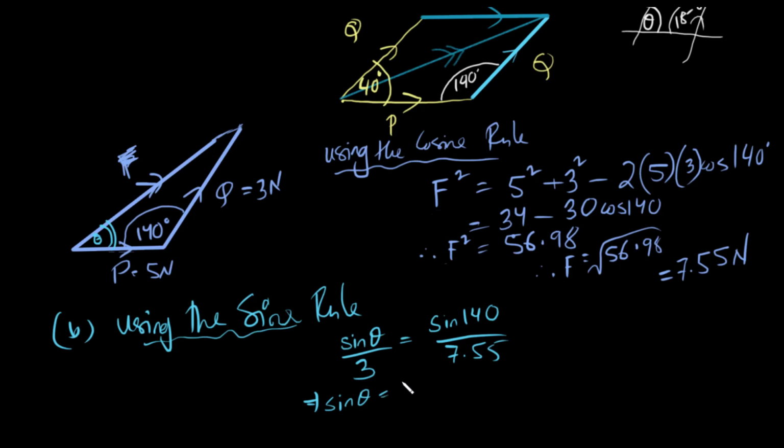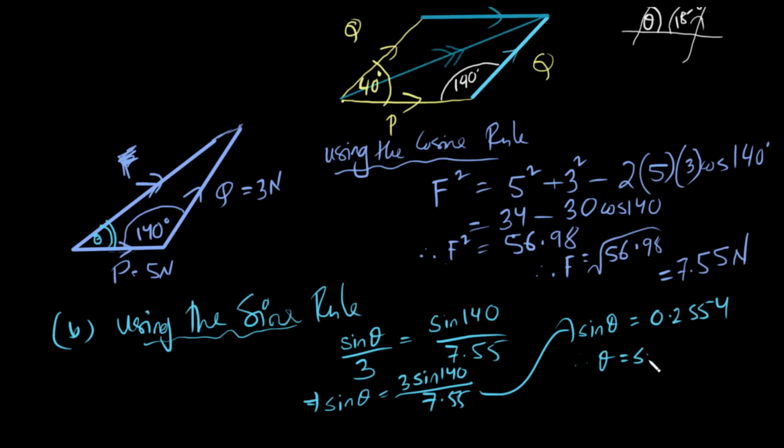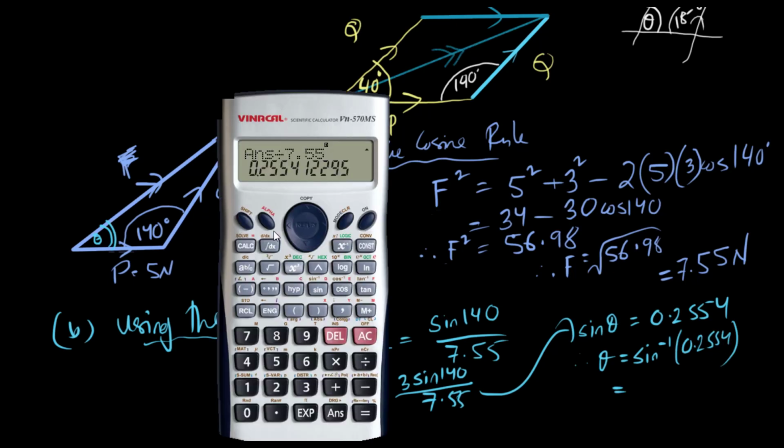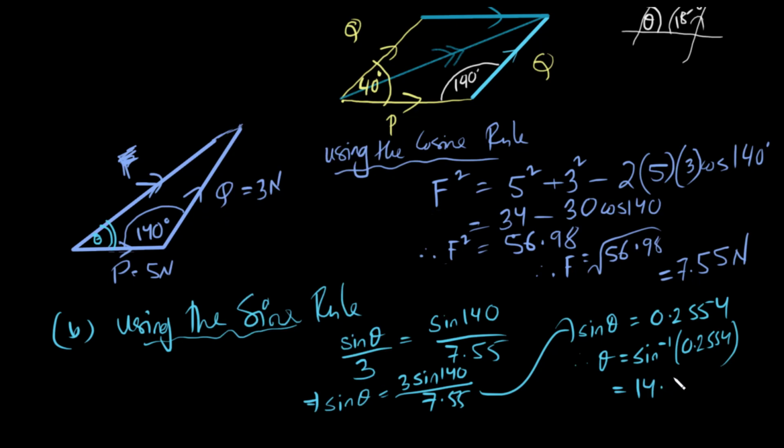Simplifying, sine theta equals 3 sine 140 divided by 7.55. So sine theta equals 0.2554, and theta equals sine inverse of 0.2554, which is 14.8 degrees. So that's the idea.